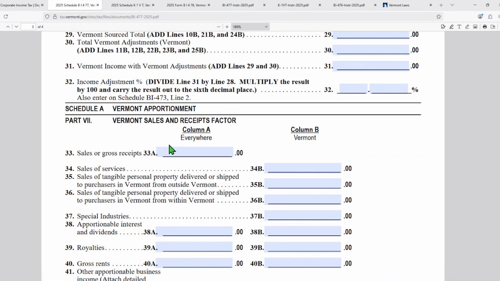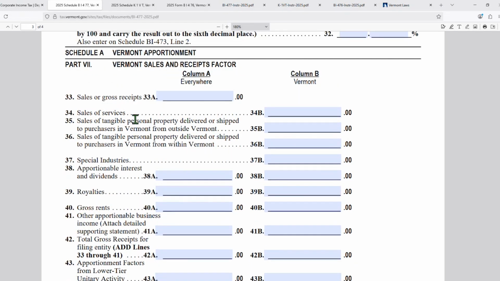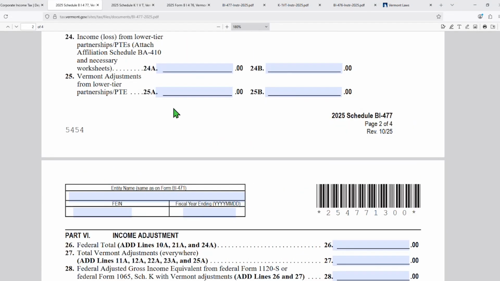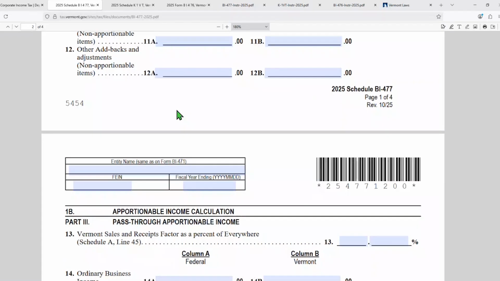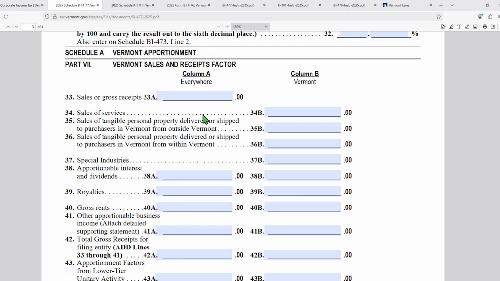So the sales and receipts factor, again, to repeat what I had said. Oh, actually, no, this isn't a repeat, because this is the actual apportionment. So we'll go into this in more detail in a minute, but the very short answer is in part 1, we're developing an amount of income, and in the apportionment factor, we're determining, based on all the operating apportionable income, what percentage of activity is happening in Vermont as opposed to everywhere.